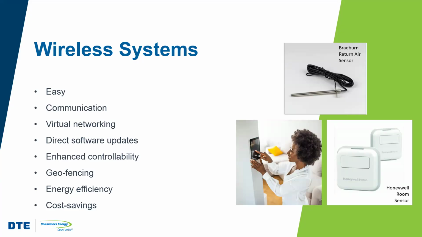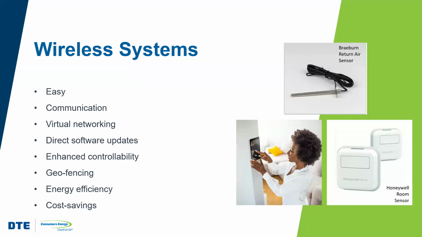In terms of communication, you can get text alerts to either the homeowner or to their contractor, for example, if there's an issue with the equipment. You get automatic updates so that the software is always current, always the most efficient.